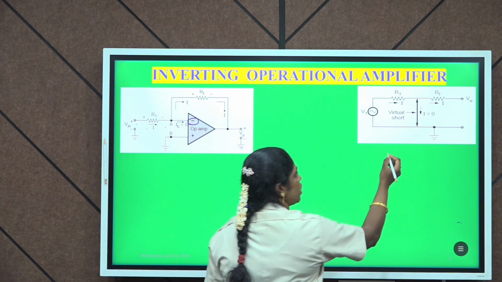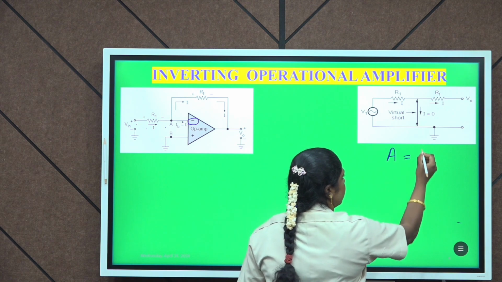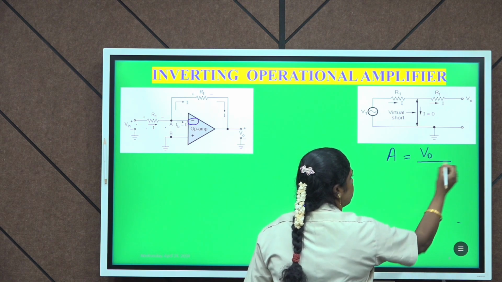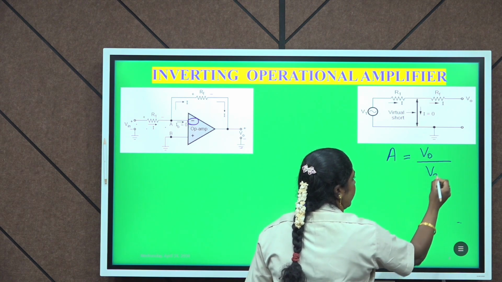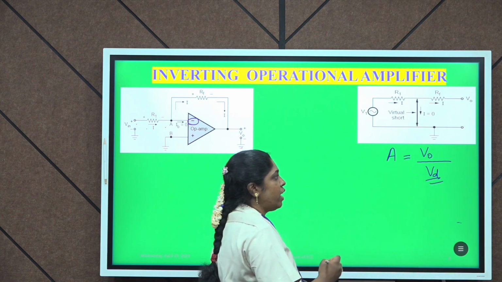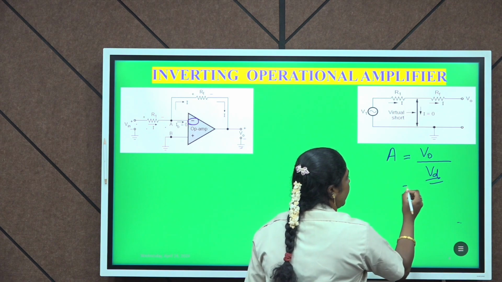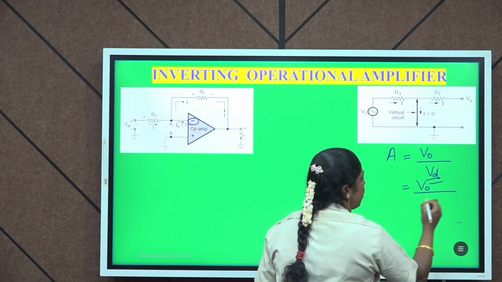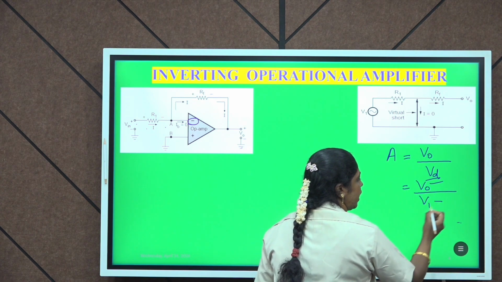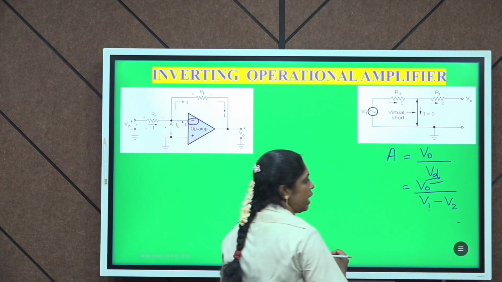According to the virtual ground concept, a high gain is required. We can calculate it by using V0 divided by Vd. This Vd is the differential input given at terminal 1 as well as terminal 2. Vd is the potential difference between the voltage at the inverting and the non-inverting terminal.